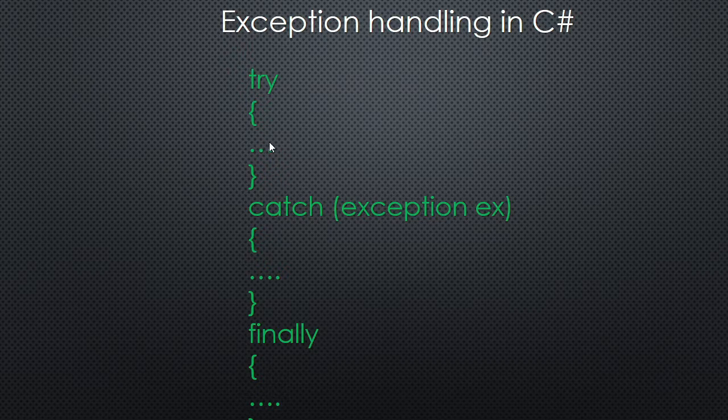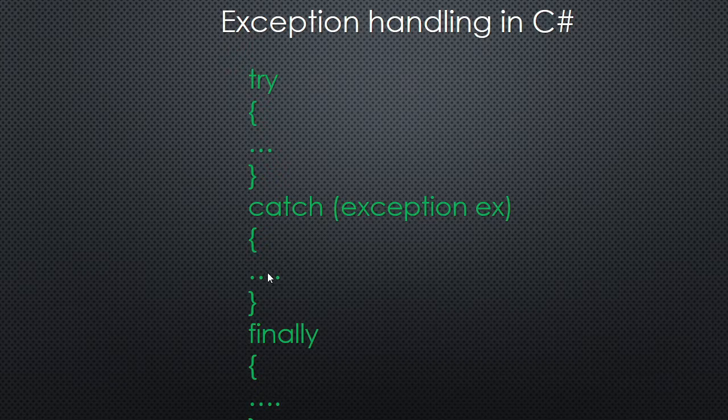So now let's say that I'm copying a file from one path to another path, but the file actually does not exist. So when the compiler throws an exception that the file does not exist, the compiler will come here and then execute this part of the code.